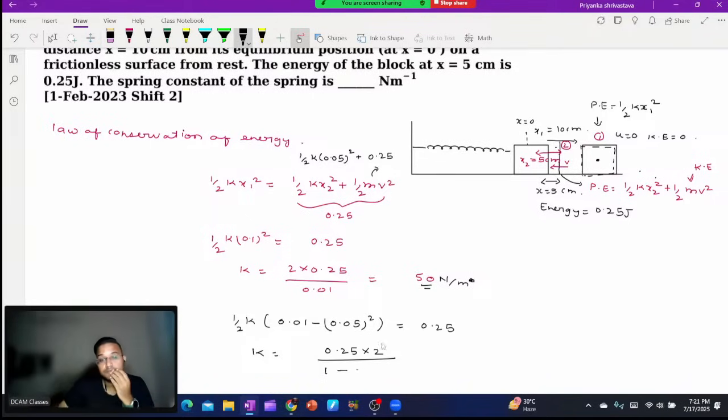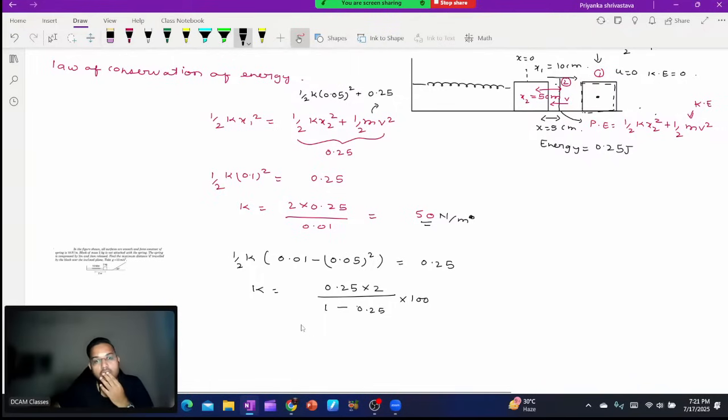One minus 0.25 into 100. 0.75. 25 into 2 by 75 into 100. Now we are getting 66.67, 67 Newton per meter.